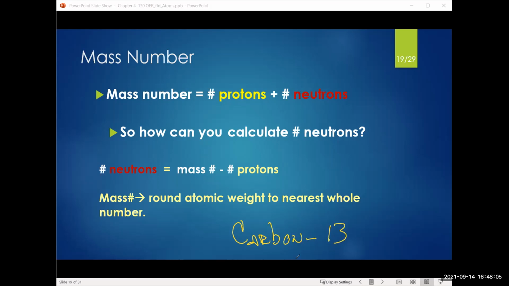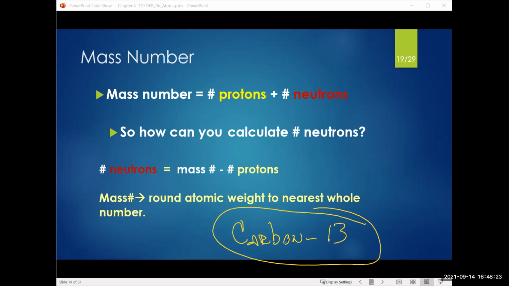Well, they're telling you the mass number there. They're talking about carbon 13. You don't have to go to the periodic table to determine which one you're talking about. If they don't give you this information, then you can assume they're talking about the most abundant isotope, and you just go straight to the periodic table.